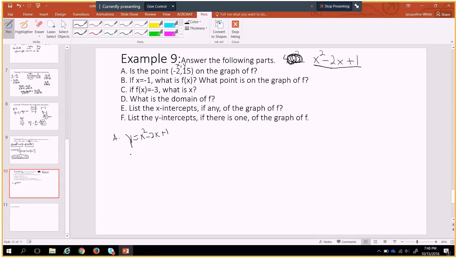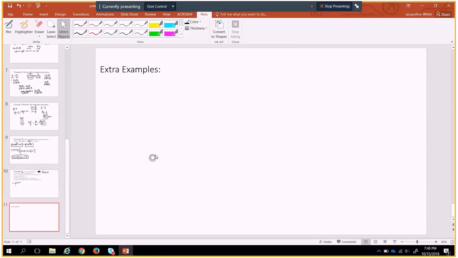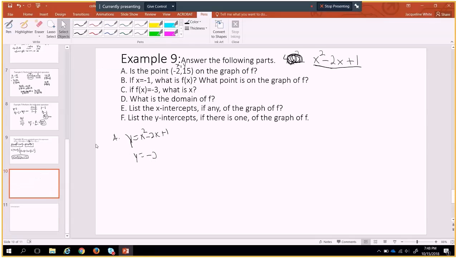So let's see. We have that y is equal to (-2) squared minus 2 times -2 plus 1. That's equal to 4 plus 4 plus 1. That is evidently 9.